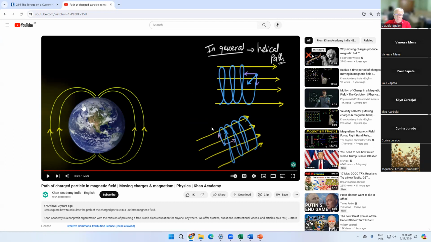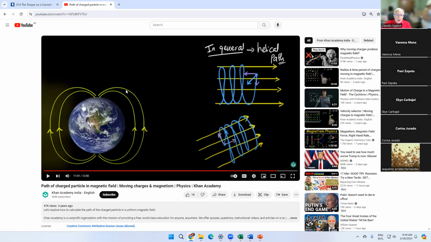If they get trapped with a velocity vector that is not perpendicular to the magnetic field lines of the Earth, what's going to happen? Those charged particles are going to spiral towards either pole, either the North Pole or the South Pole. That's what's going to happen.